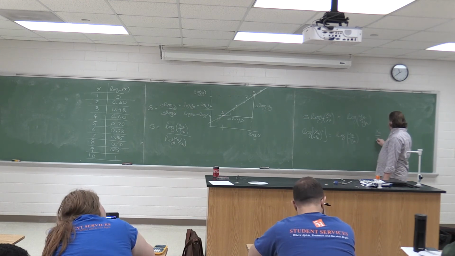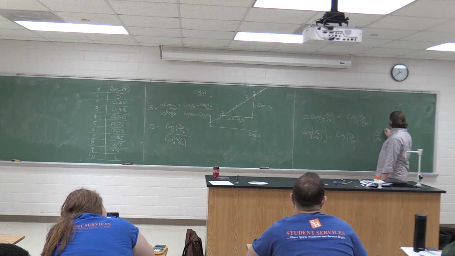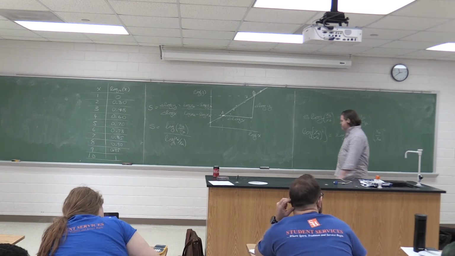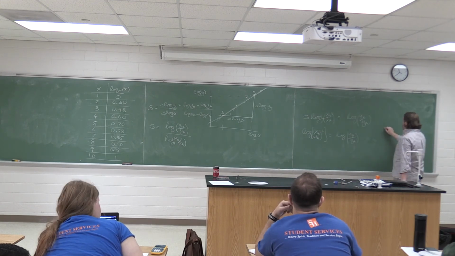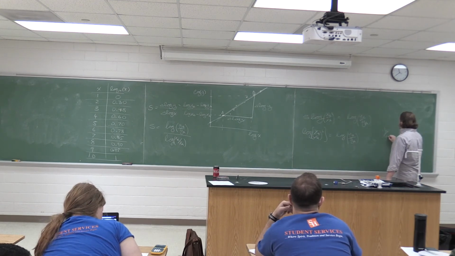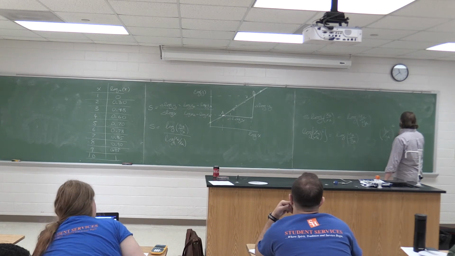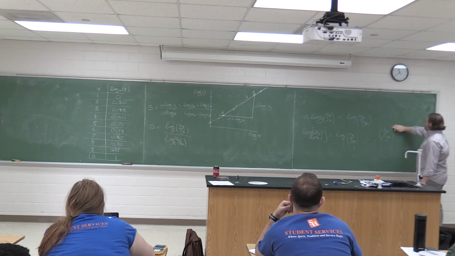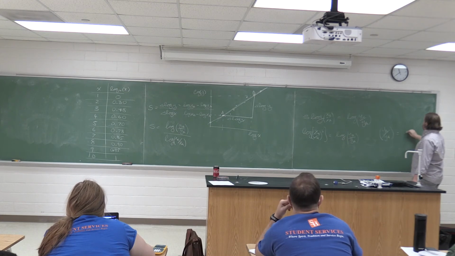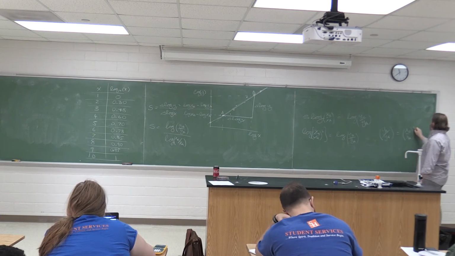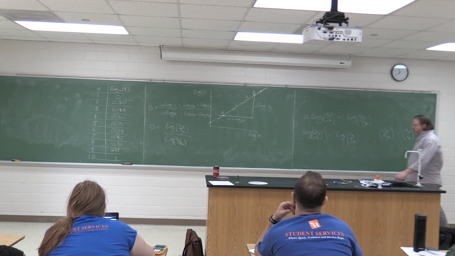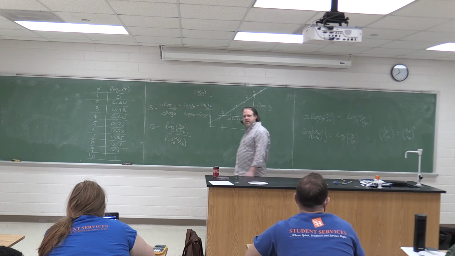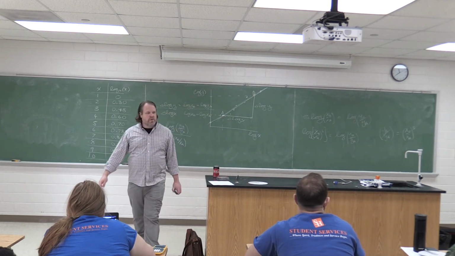So I've got XB over XA to the S equals YB over YA to the S. In other words, what it tells me is that I've got a power law relationship between my variables.